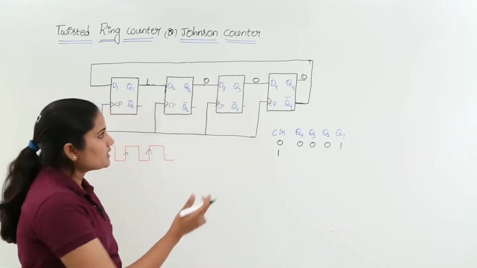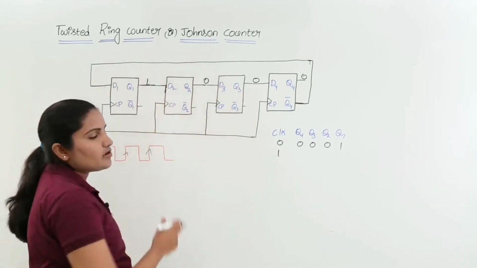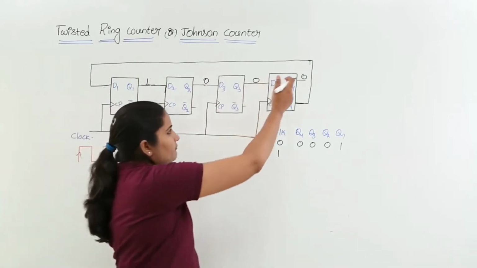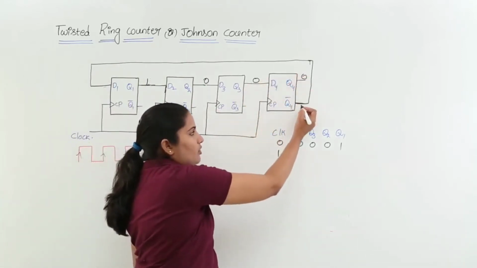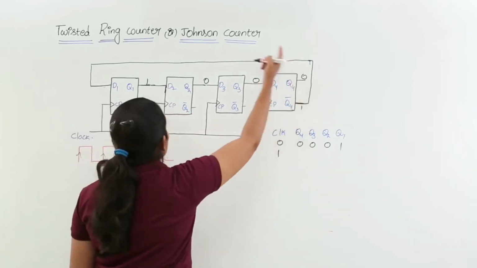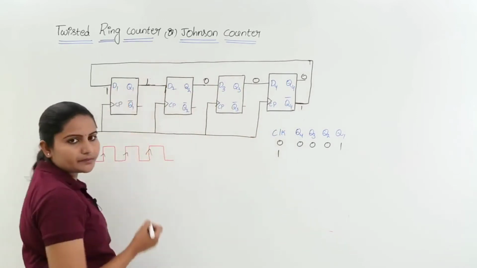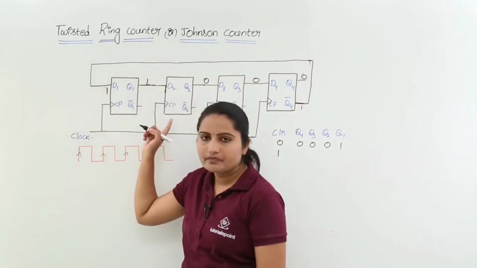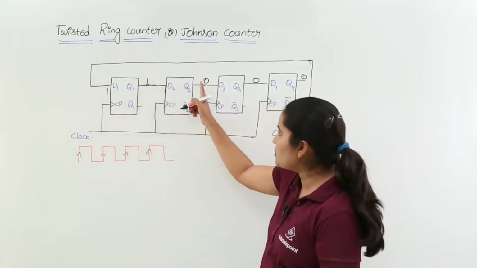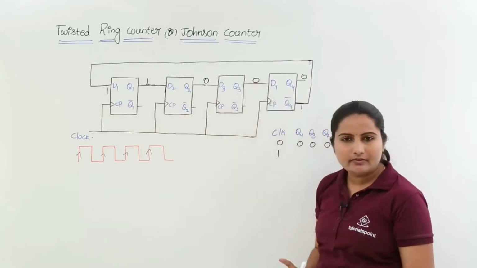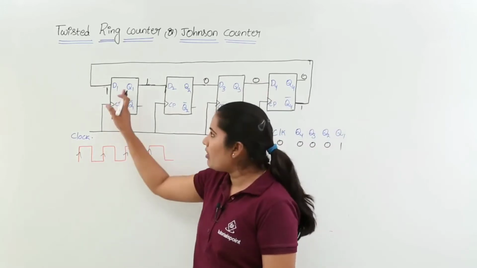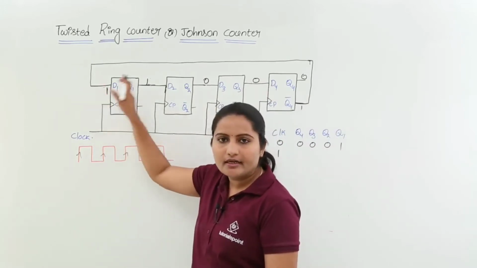Before giving the first clock pulse, I take the reference of my feedback connection and get ready with inputs. If Q4 is 0, obviously Q4 bar is 1, and this 1 comes here. So now 1 is available for this flip flop, 1 for this, 0 for this, and 0 for this. When you give the first clock rising edge, all D flip flops pass their input data to output.